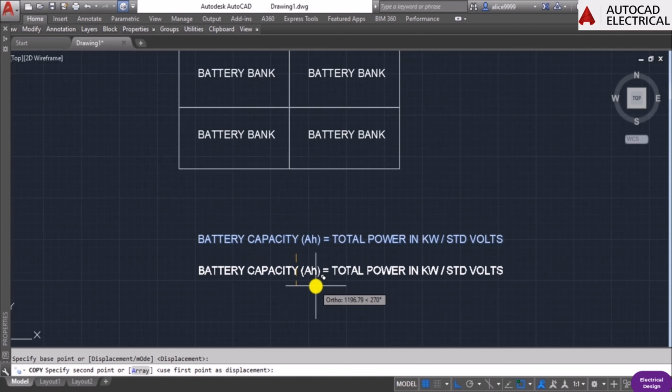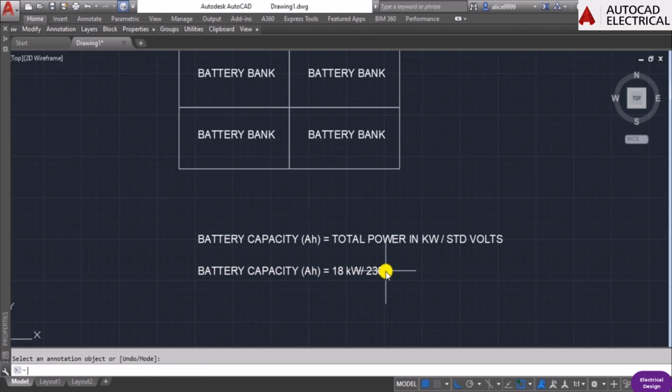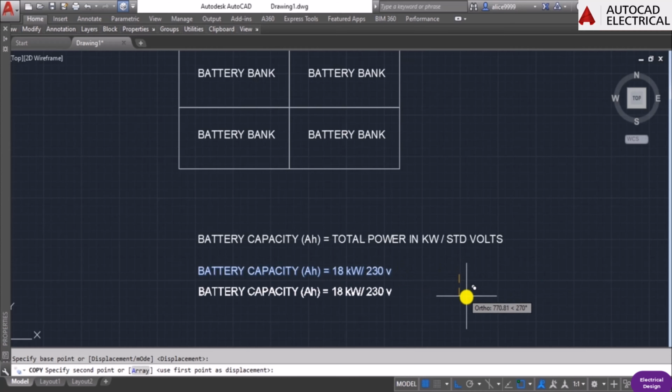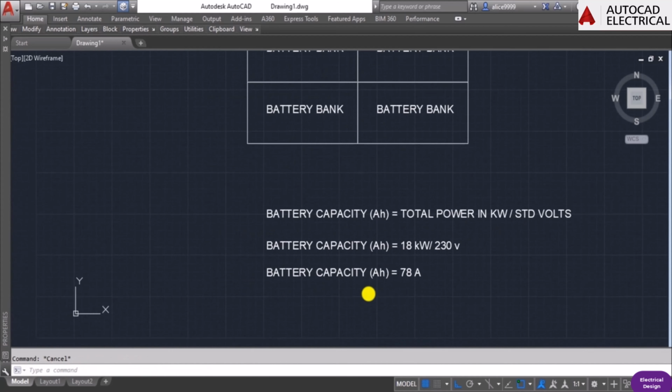So if the total power is around 18 kilowatts and the standard volts is 230 volts, then according to this, the standard ampere required is around 78 ampere hours.